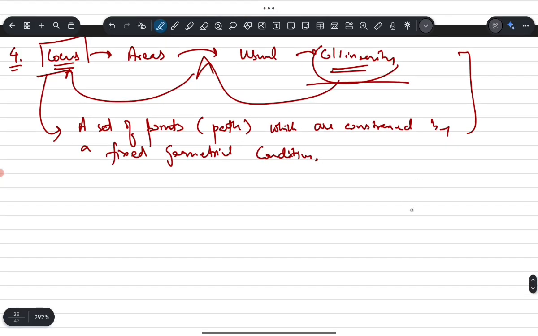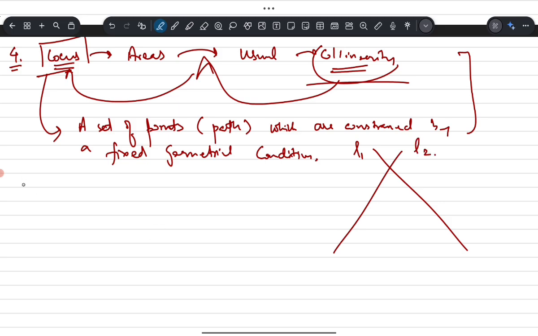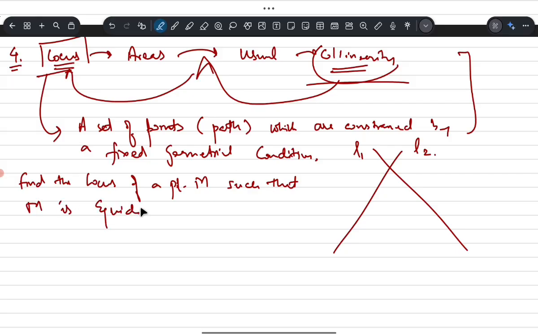Okay, let me demonstrate this to you. Let's say I have two lines, L1 and L2. All right. I want to find the locus of a point M such that M is equidistant from L1 and L2.